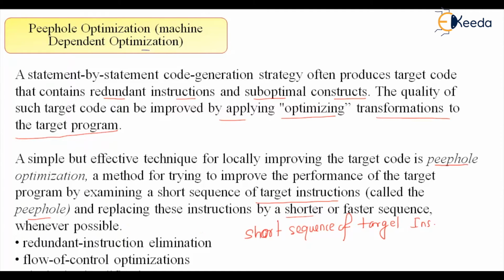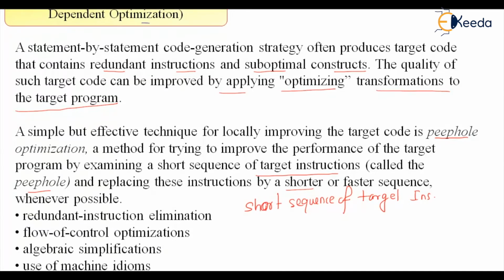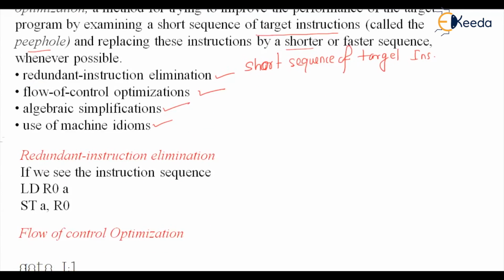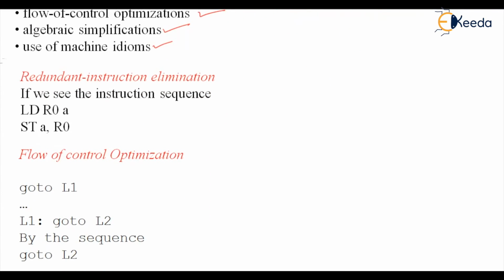That is the idea of the peephole: first of all, we try to improve the target code, and in the target code we look at a small sequence that we can replace. In this we have redundant instruction elimination, flow of control optimization, algebraic simplification and use of machine idioms. Those are the four different categories of the peephole optimization technique that we are going to see. So let's see a basic example for each.